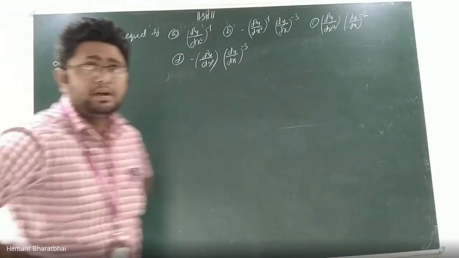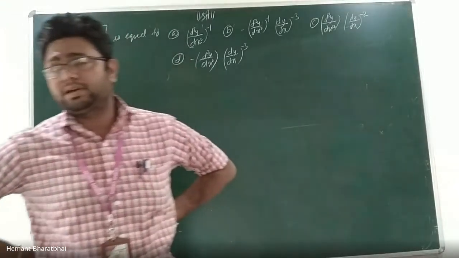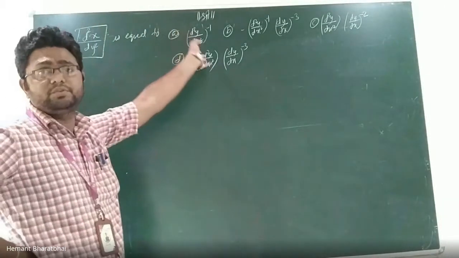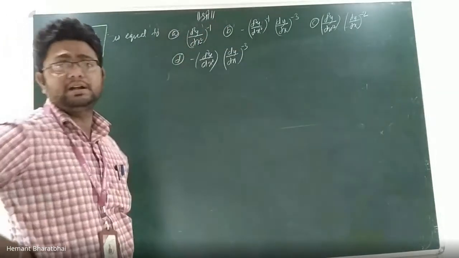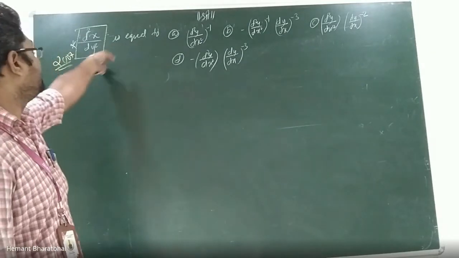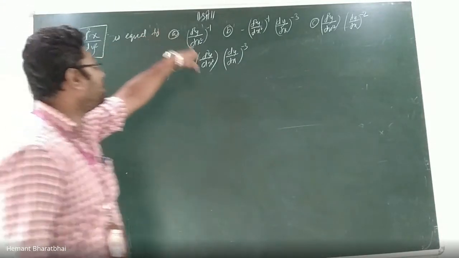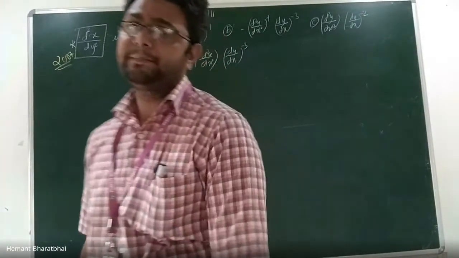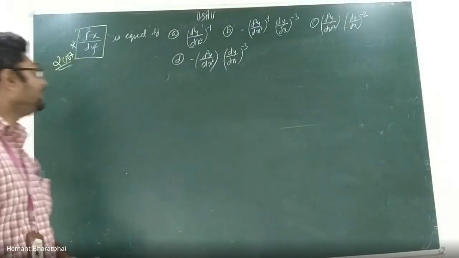It means two times we have to take derivative of x with respect to y. But in the options, all the options are dy by dx. He wants derivative with respect to y over here, but all the options are given as derivative with respect to x. So it's a bit of a tricky one.